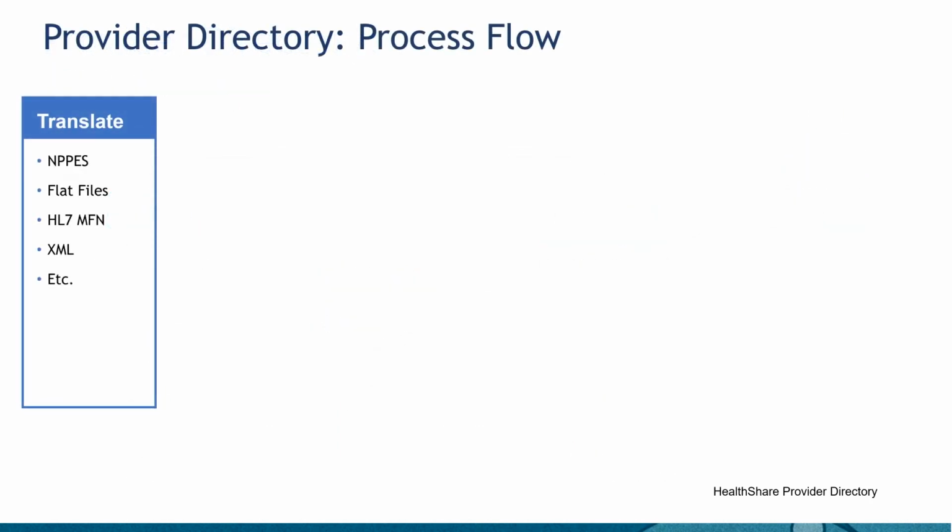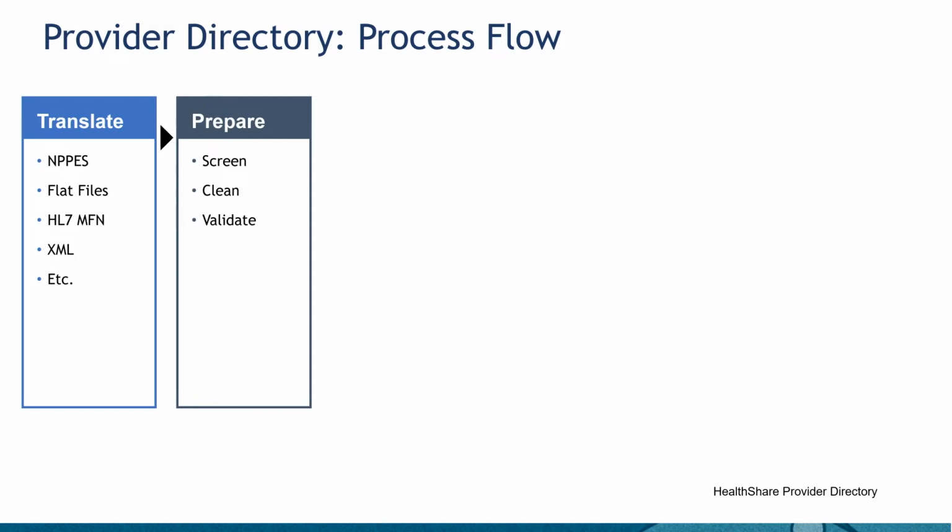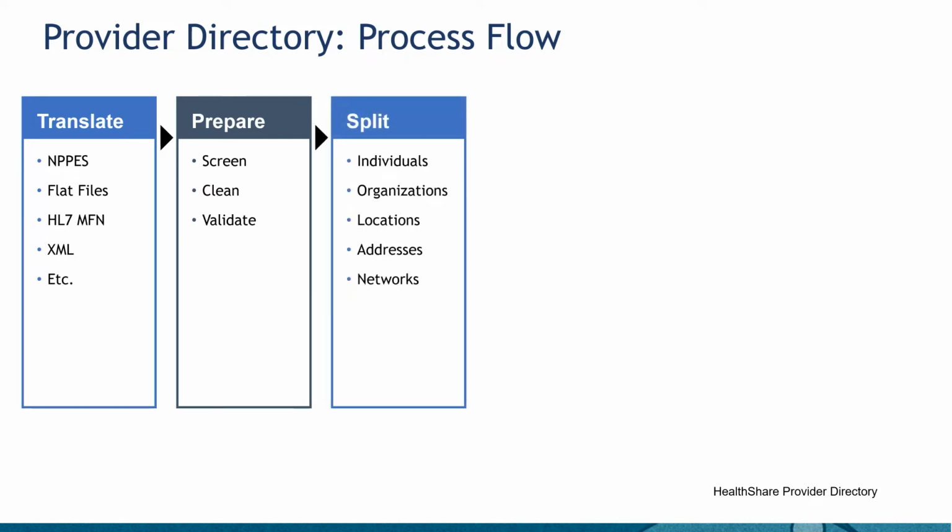Next, with Provider Directory you can ingest information and it can be translated. We do this by taking in multiple feeds of information, whether it's NTEDs, flat files, HL7 master file notifications, or XML. We then prepare this information by screening out invalid information, cleaning, or validating. Additionally, we split out the information into unique records for individual providers or organizations, locations, addresses, and networks.